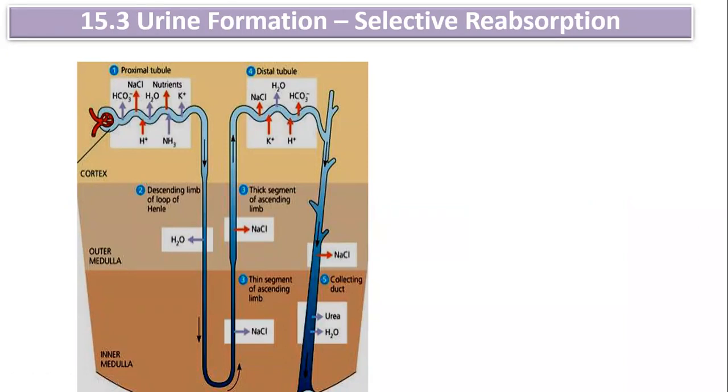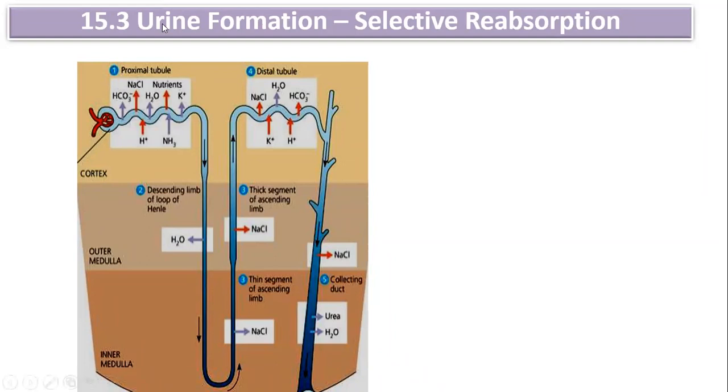It also contains nutrients. We cannot lose the nutrients through the urine, so they have to be reabsorbed back. The selective reabsorption takes place throughout the renal tubule. PCT is the major site of reabsorption.